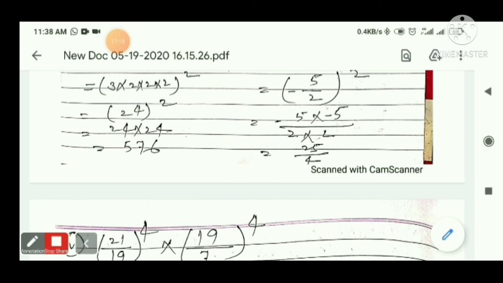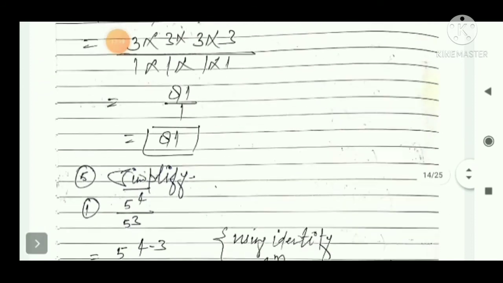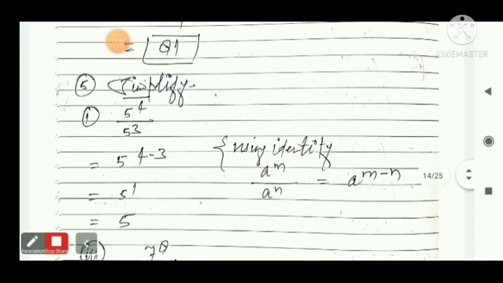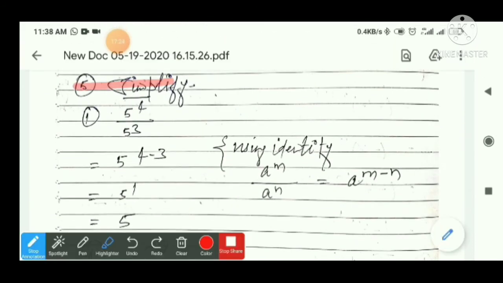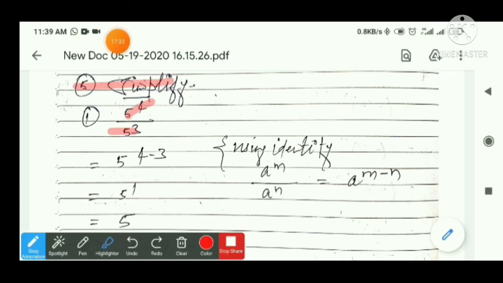So please look at the next question, question number 5. Simplify 5 raised 4 upon 5 raised 3. Students, I have also explained which identity you will use.